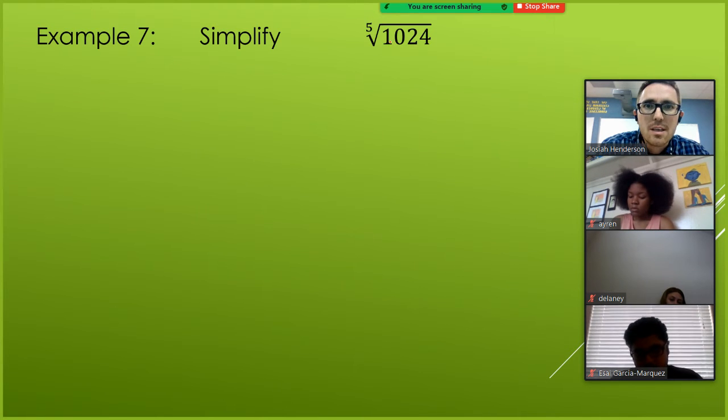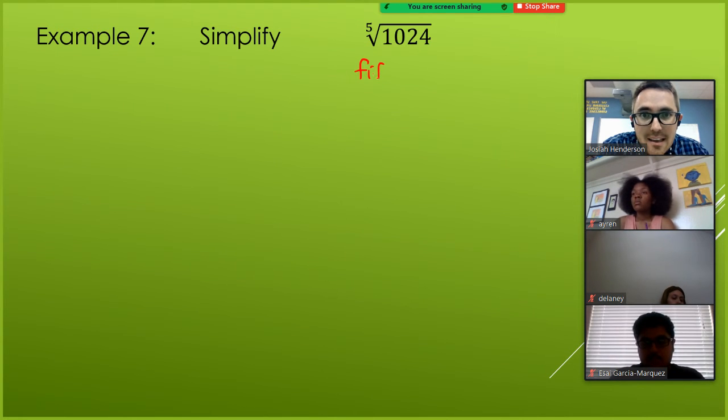So this time we're looking for numbers that multiply to themselves 5 times to cancel out with this fifth root. So how we say this is fifth root of, dot, dot, dot, whatever's in the box. 1024. Fifth root.